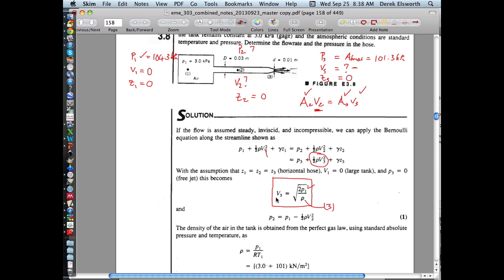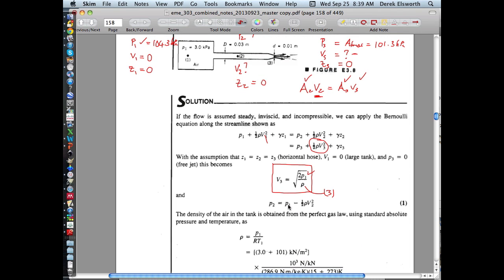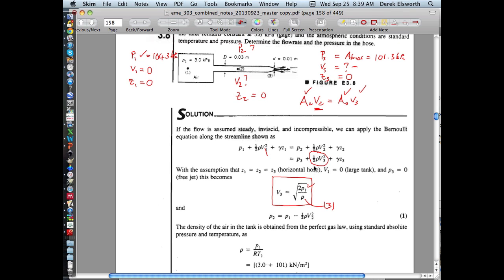And so it's only complicated in this case by the fact that we need to include a density in here, which is the density at point 3, which we could include. Actually, or is it the density at point 3? Has to be the density at point 3, yeah.